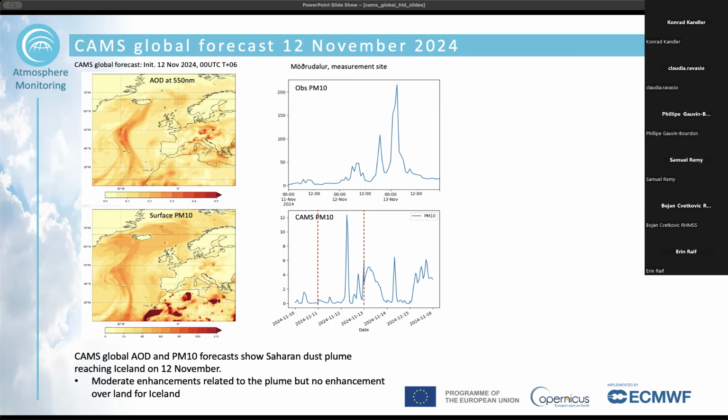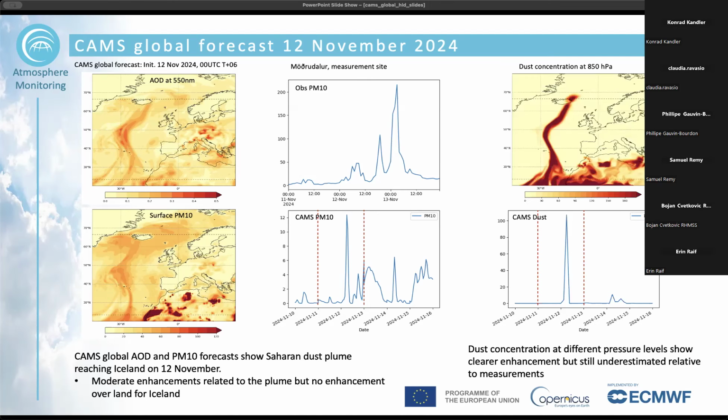I think this could be because of how the model level definitions are assigned and how the surface PM10 calculation is made. We only provide PM10 at the surface level, but of course, we have the dust mixing ratios. If we switch to looking at the dust mixing ratios at different levels, then we start to see a bit more of the plume, and a bit more of an enhancement over Iceland itself.